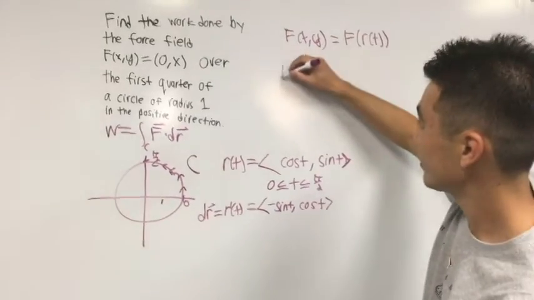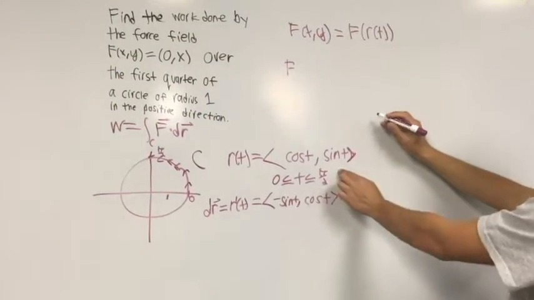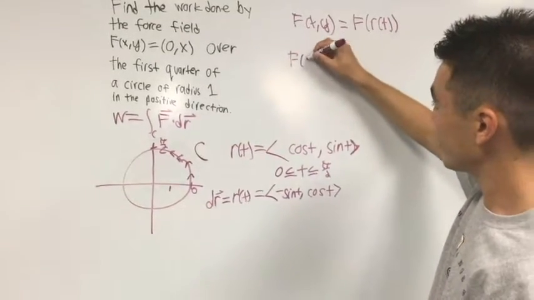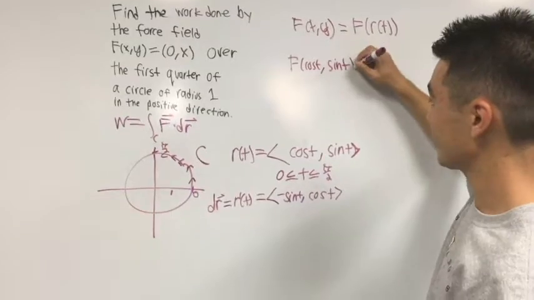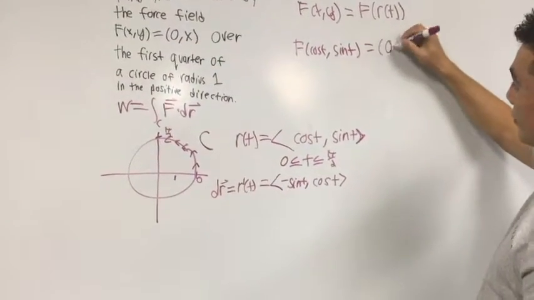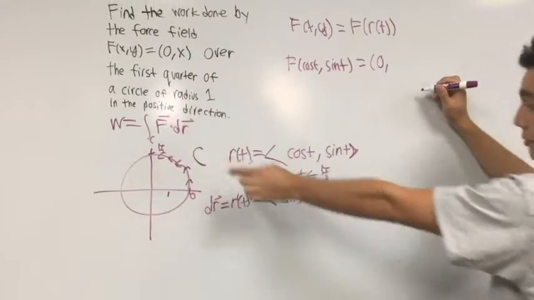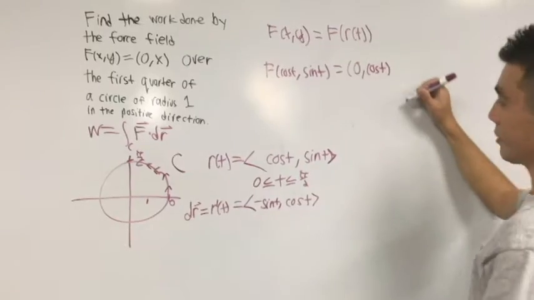So instead of x and y, we're going to use this x and this y. So it's going to be F of cosine of t, sine of t equals 0, and instead of x, we're going to use cosine of t, which is the x component of r of t.